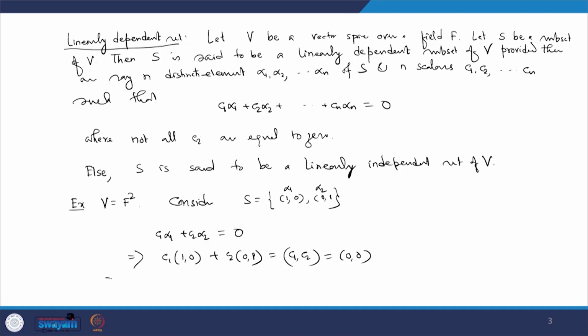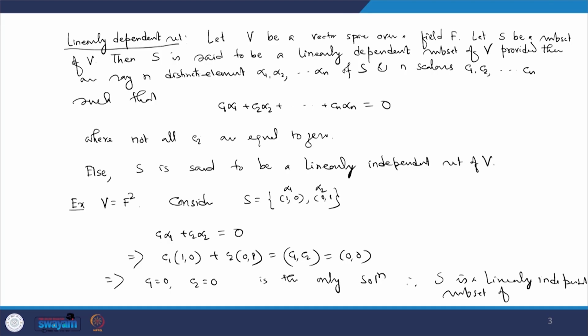So, C1 equal to 0 and C2 equal to 0 is the only solution. So, your capital S is a linearly independent subset of V. Now onwards, LI stands for linearly independent.